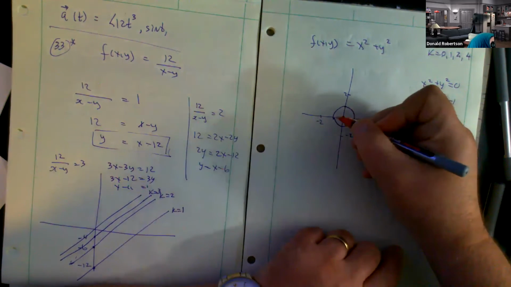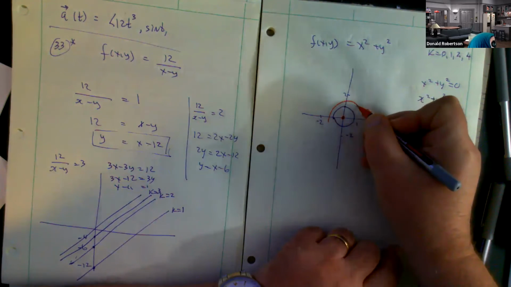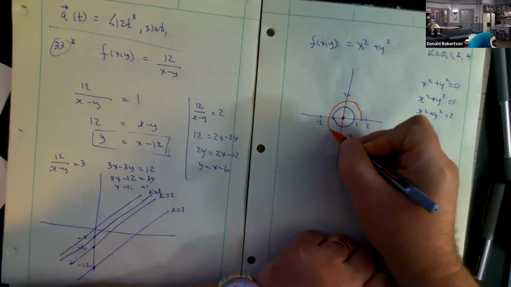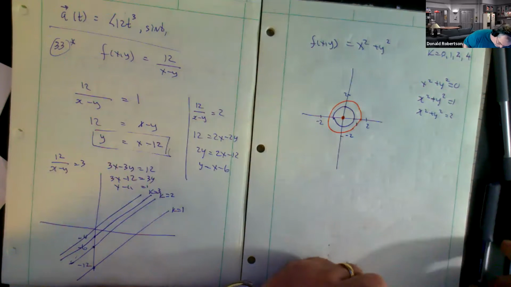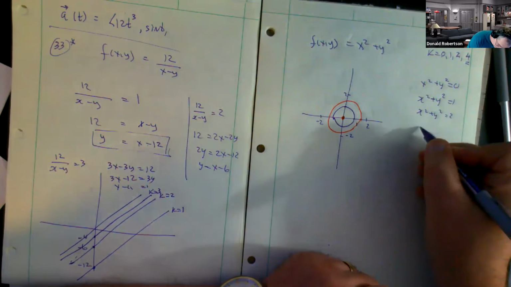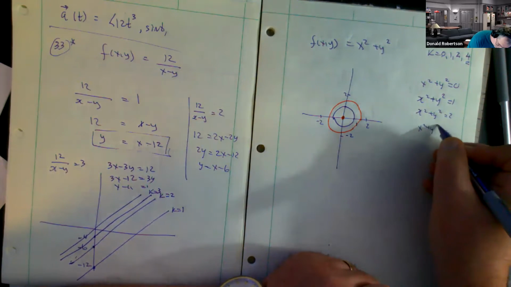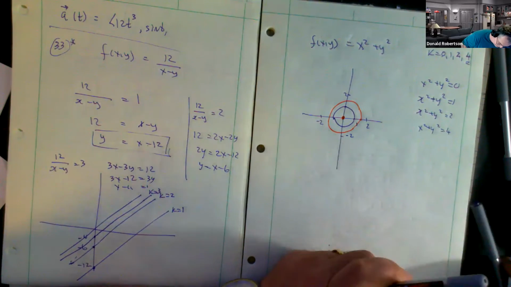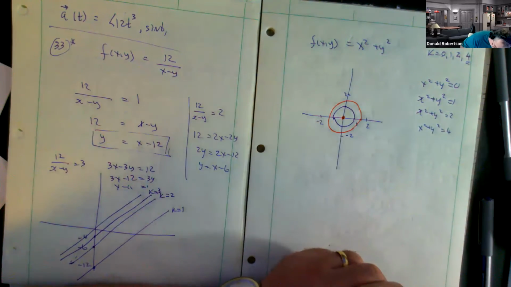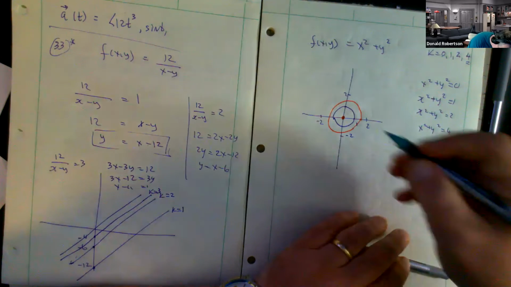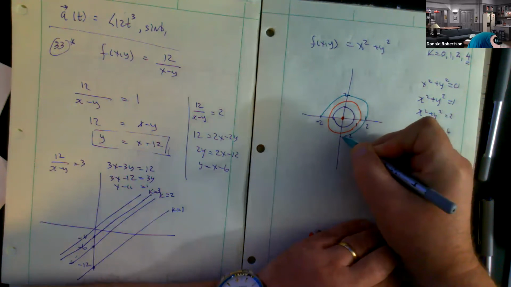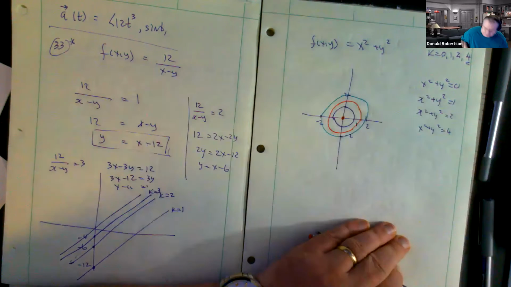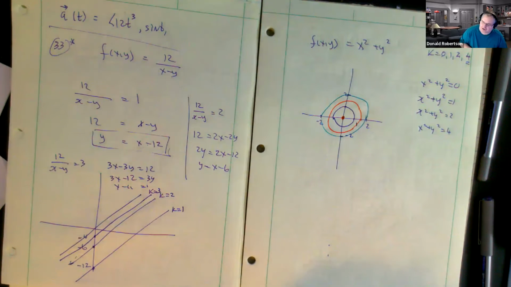So can we pretend that 1.4 is about here? And then the last one is 4. So x squared plus y squared equals 4 is a circle radius 2. And it looks something like that. It looks like a bullseye to me.